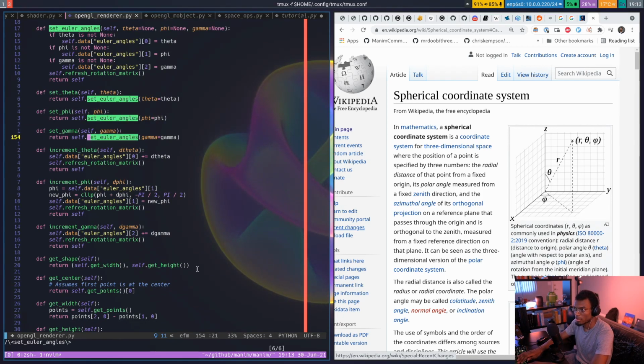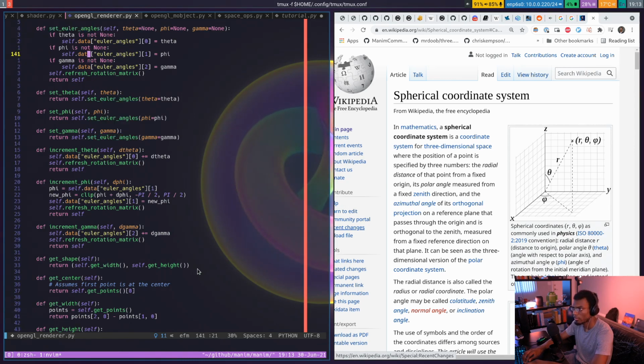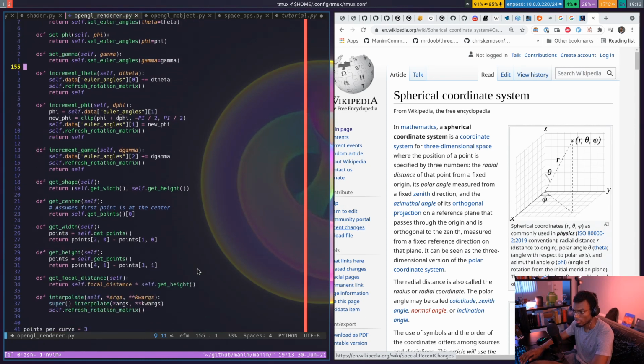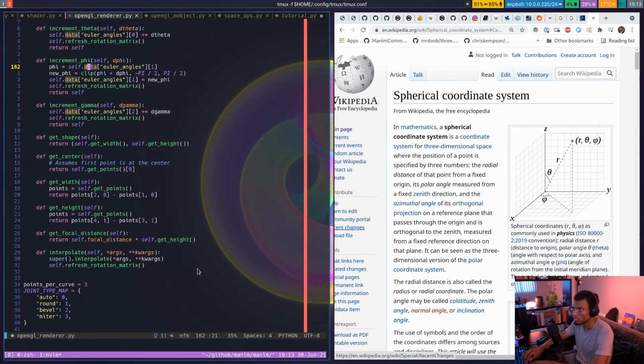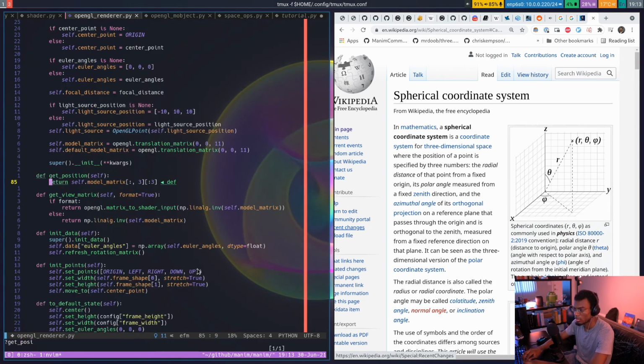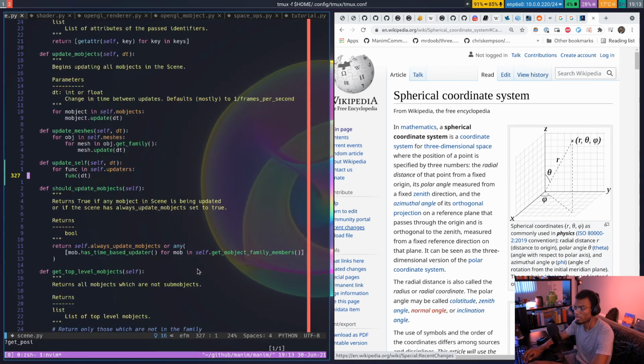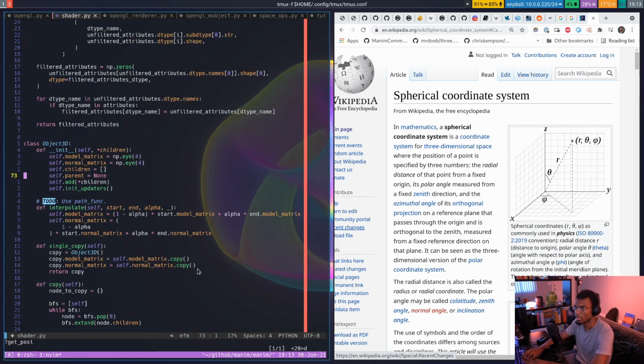I just don't trust it because Grant wrote it. Oh, this is for Euler angles. This is a different phi, I think. It doesn't have an R. But get position. I think I want to set this part of the matrix. Close that. A lot of these I can close.